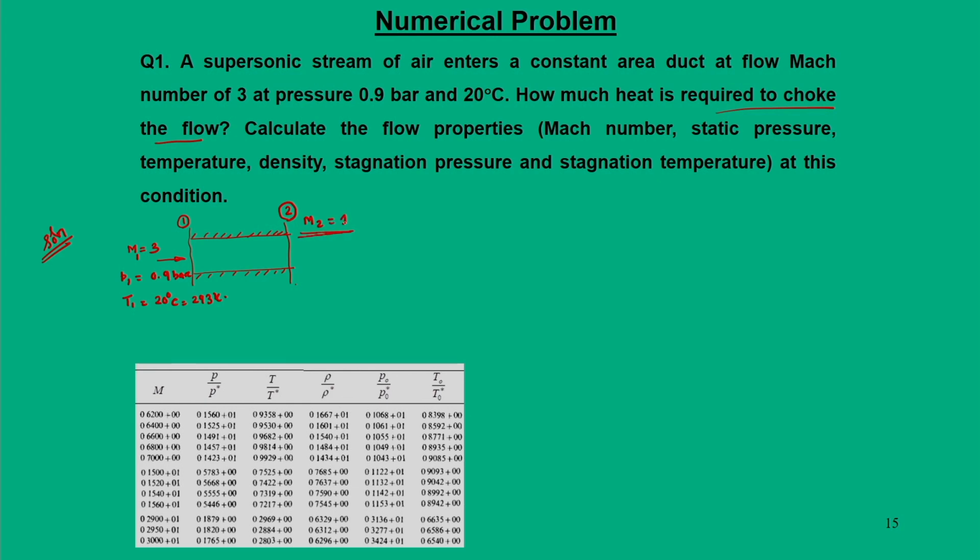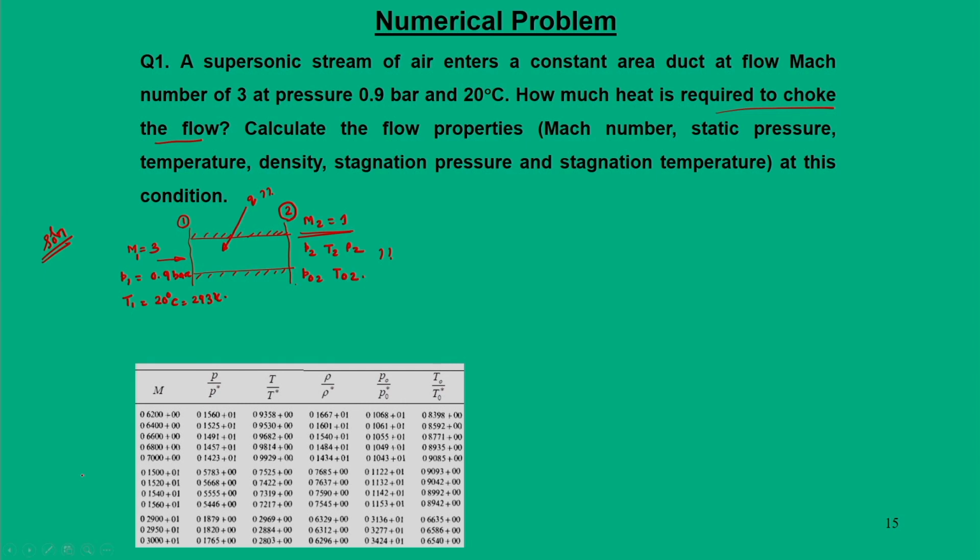So, for this condition 1, to get this condition, we have to find out how much Q we are going to add. We also require P2, T2, rho 2 and P naught 2, T naught 2. So, these are the important parameters which need to be found out.